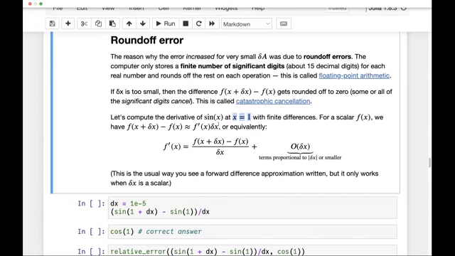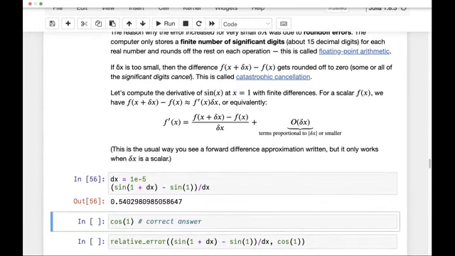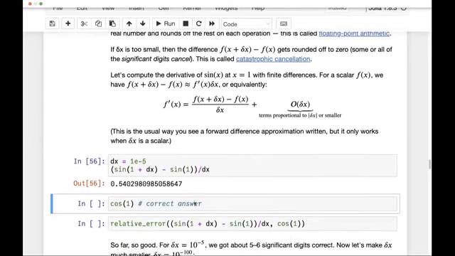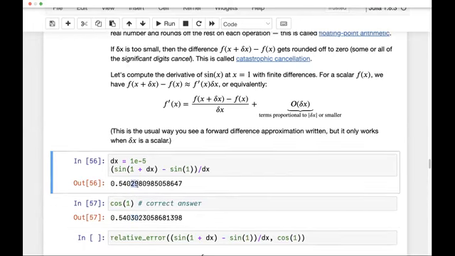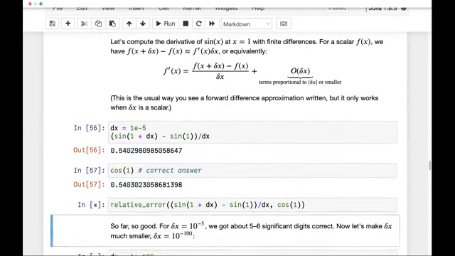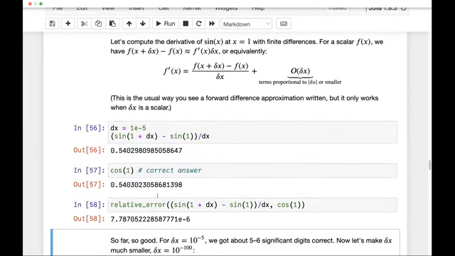That's what happens when I take this formula and divide it through by delta x. So if I take dx equals 10 to the minus 5, I get 0.54 something. The exact answer, cosine of 1, is also 0.54 something, but they differ in the third digit already. The relative error is actually 10 to the minus 6.